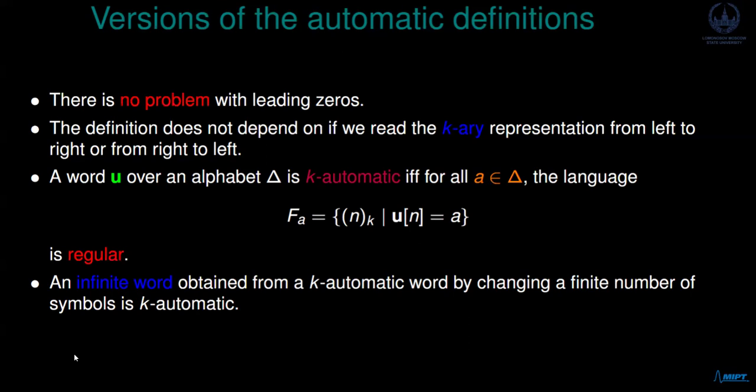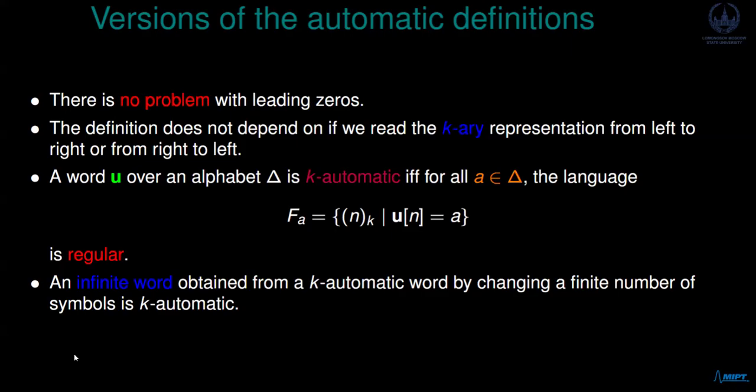This means the automaton will behave the same way whether or not the input number has leading zeros. Symmetry in reading directions: the definition of a k-automatic word remains consistent regardless of whether the k-ary representation is read from left to right or from right to left. This symmetry ensures that the order in which the digits are processed does not affect the final output sequence.